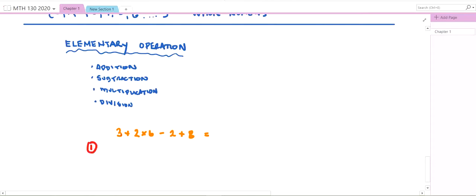Let's look at one case. Is this 3 plus 2, which is 5, times 6, maybe minus 2 plus 8 is 10, 30 minus 10 is 20?